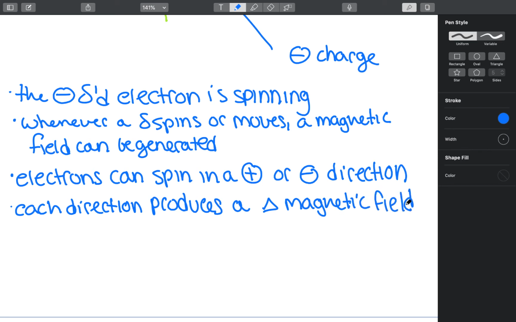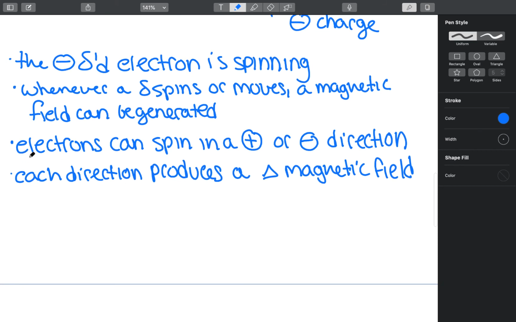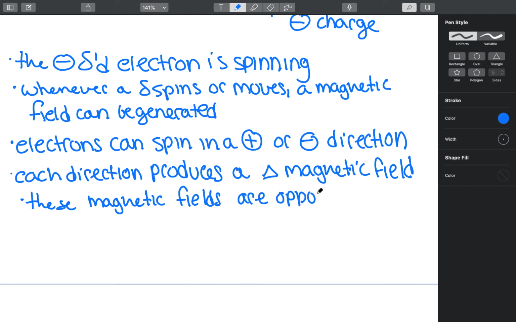So each direction that the electron spins produces a different magnetic field, and these magnetic fields are opposite in sign.